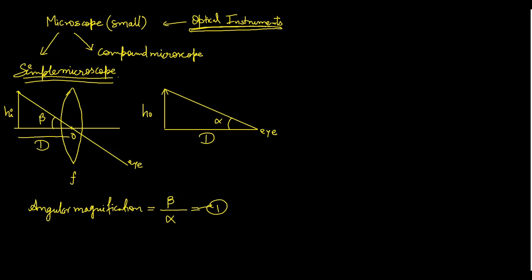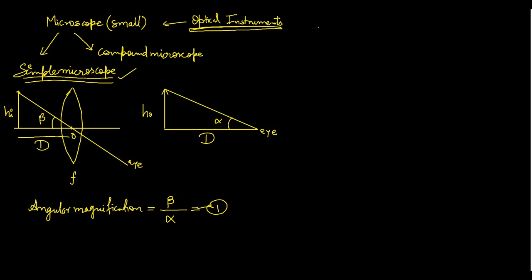Now here our target is to find the angular magnification for a simple microscope. Now we know when the object is kept between the focus and optical center of a convex lens, its enlarged image is formed, that is virtual, erect, and larger than the height of the object.